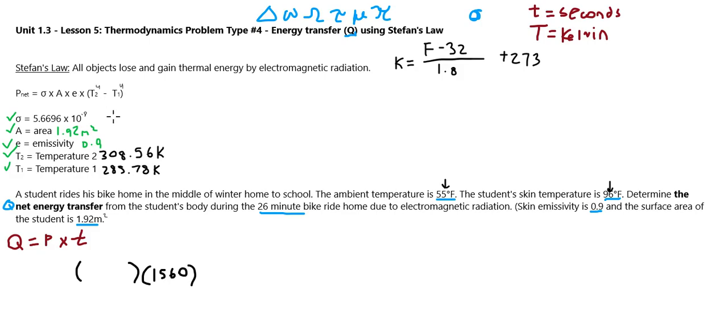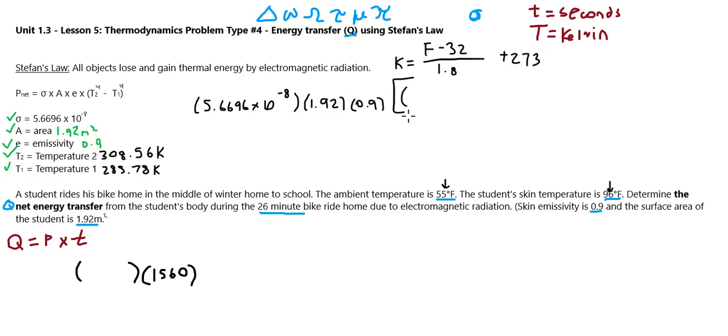So first, sigma is 5.6696 times 10 to the negative 8. Then we have A, which is 1.92. Don't need to put the unit right now. Then we have 0.9. That's the emissivity. Then we're going to do a bracket, because this part is emphasized.